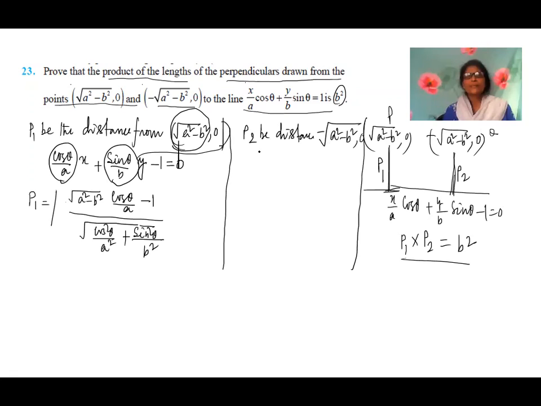It will be the modulus of −√(a² − b²) cos θ/a − 1, the rest will be 0, divided by the same denominator, √(cos² θ/a² + sin² θ/b²).